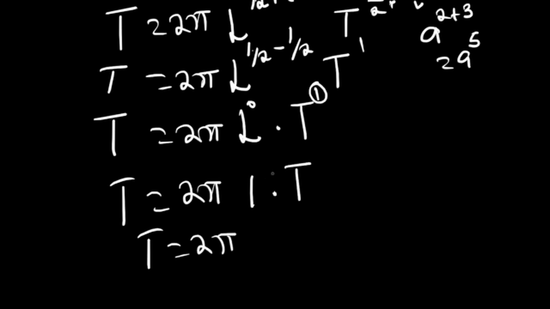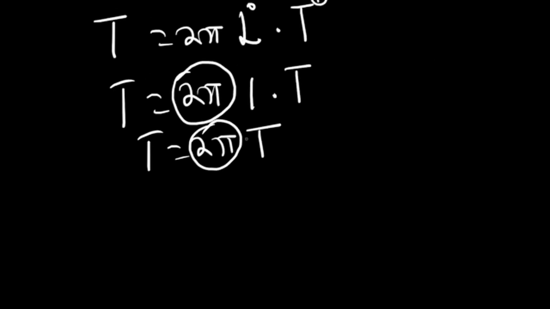Then 1 times T gives you a T. Remember what I told us initially, that in dimensional analysis, these numbers are not considered because they are dimensionless. They have no dimension. In this case, we are going to eliminate this 2 pi because it does not have any dimension. Therefore, we're going to be left with T is equal to T.